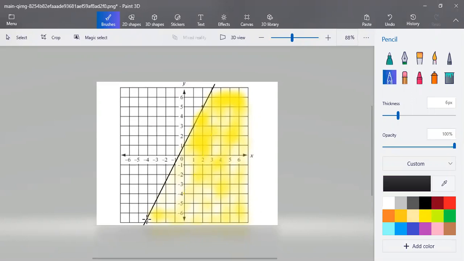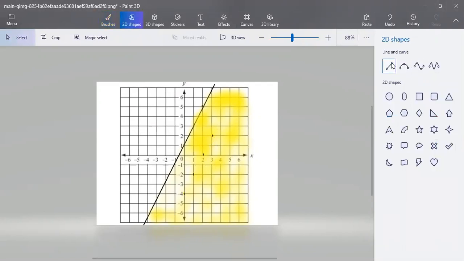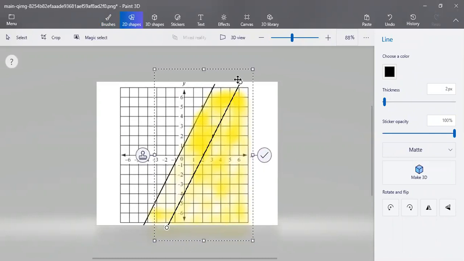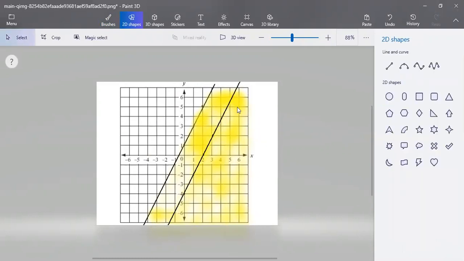Here -4 is here, then 1, 2 is here, and so on. Now let's join them. That's going to be this line. Again, that's also going to be a solid one because it said less than or equal. So let's shade this part.